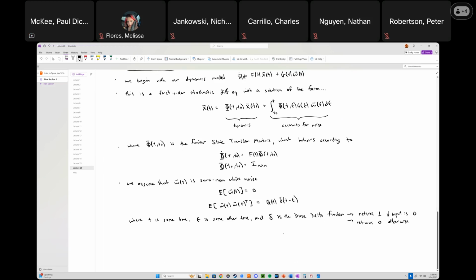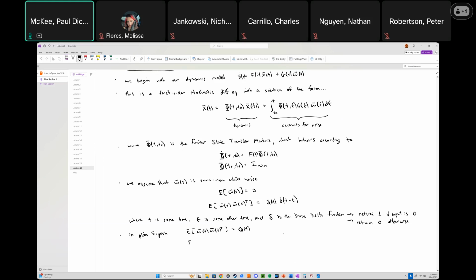So we could express that in plain English, or plainer English. The expected value of omega of t times omega of t transpose is Q of t, which is going to be our process noise covariance matrix.